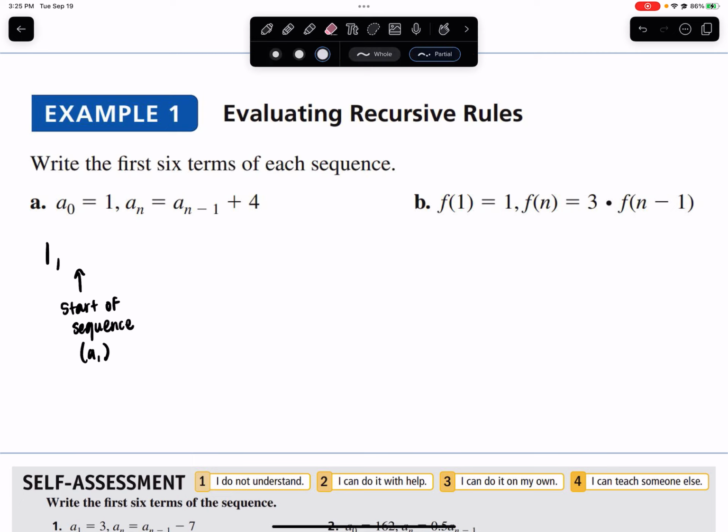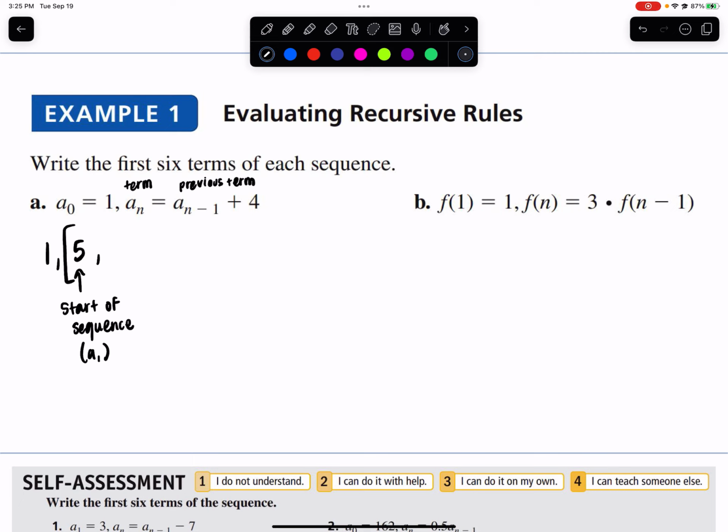Okay, so if we start with 1, the next term, what this is saying is that a sub n equals a sub n minus 1 plus 4. So this term equals the previous term plus 4. So I'm adding 4 each time, which means that my next term there is 5. So my start of my sequence is at 5, and I'm going to write 6 terms from here.